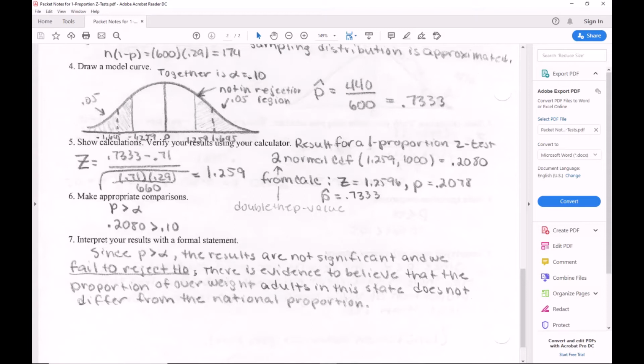Here we will fail to reject HO. So there is evidence to believe that the proportion of overweight adults in this state does not differ from the national average. So we're saying the difference between here and here is just due to sampling variation. All right, it's not extreme enough for us to choose to challenge that null hypothesis.